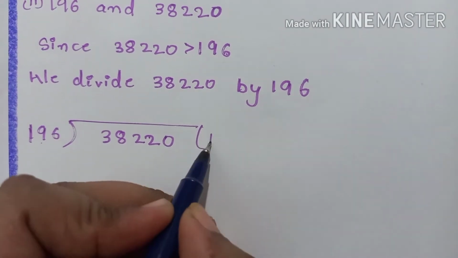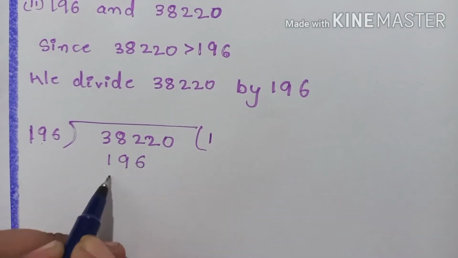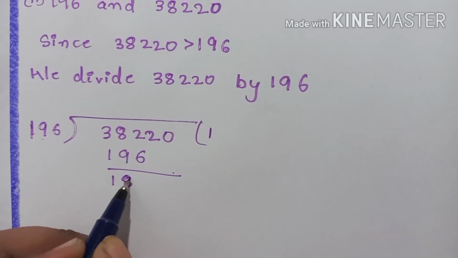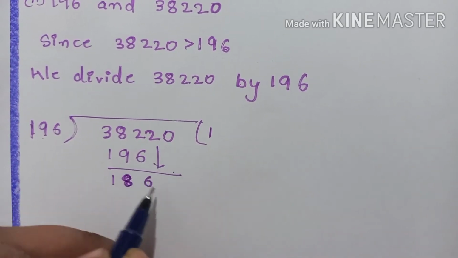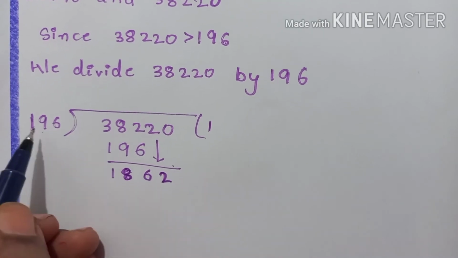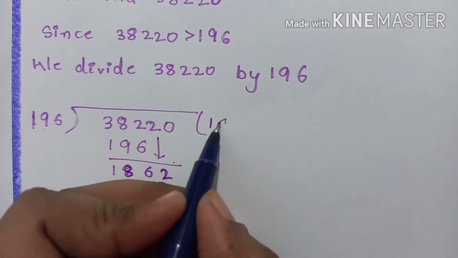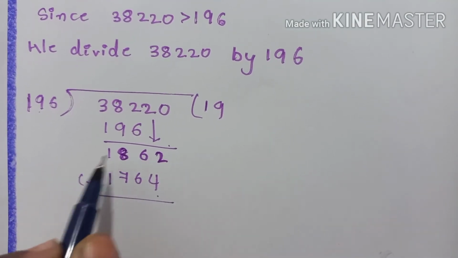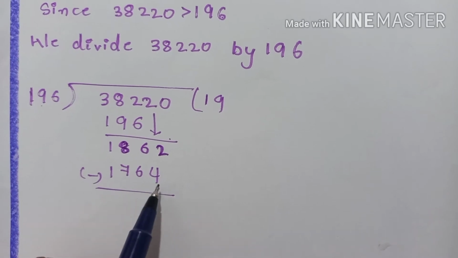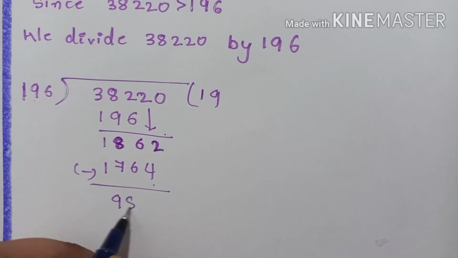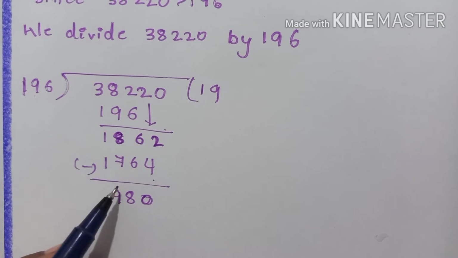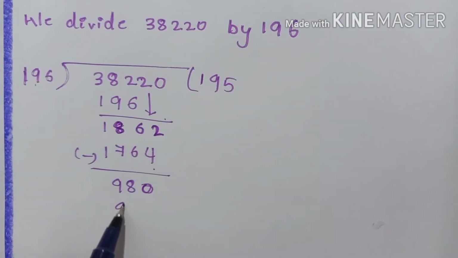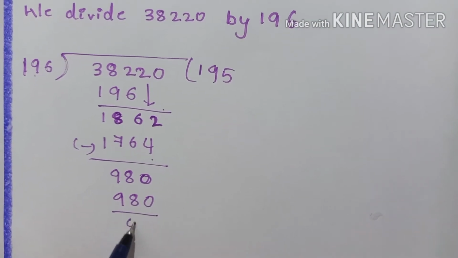So 196 ones are 196, and subtracting gives 1862, and 196 9s are 1764. Now subtracting 1862 and 1764 gives us 98. So 196 is a factor of 980, that is 196 5s are 980, and now the remainder we got is 0.